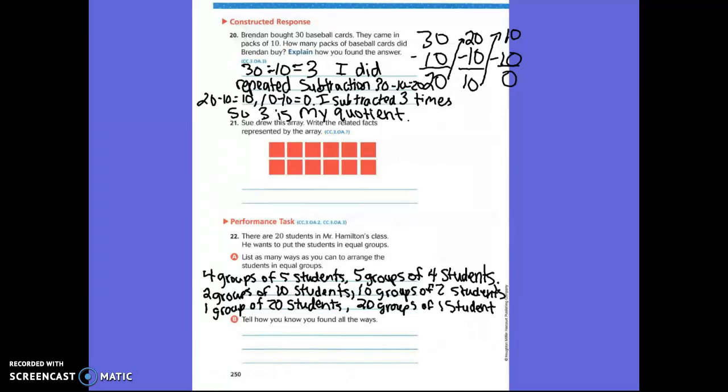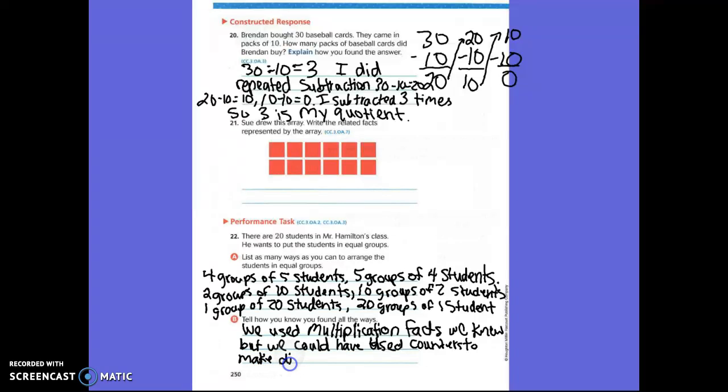We can say we used multiplication facts we knew, but we could have used counters to make different groups.